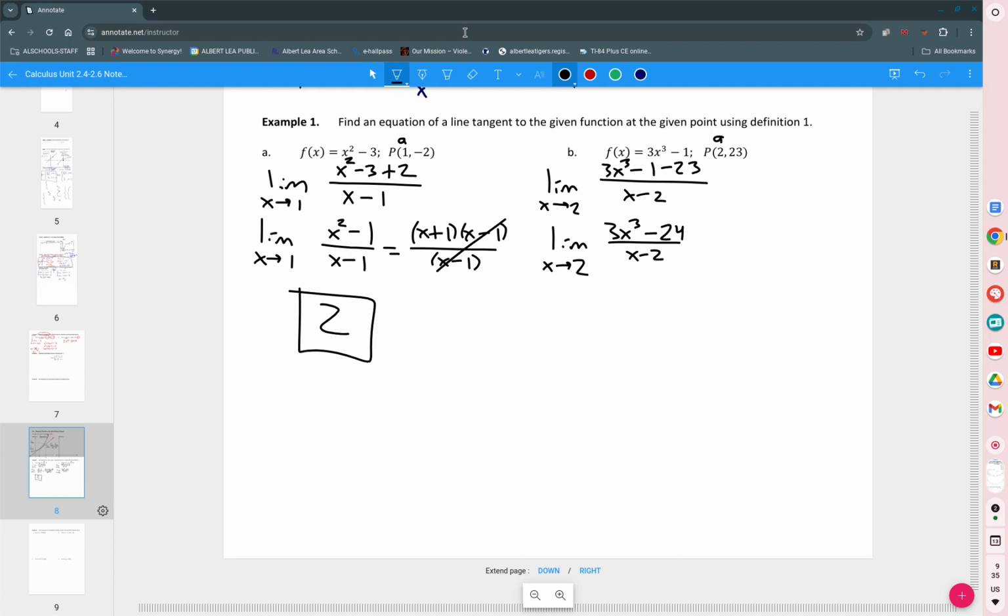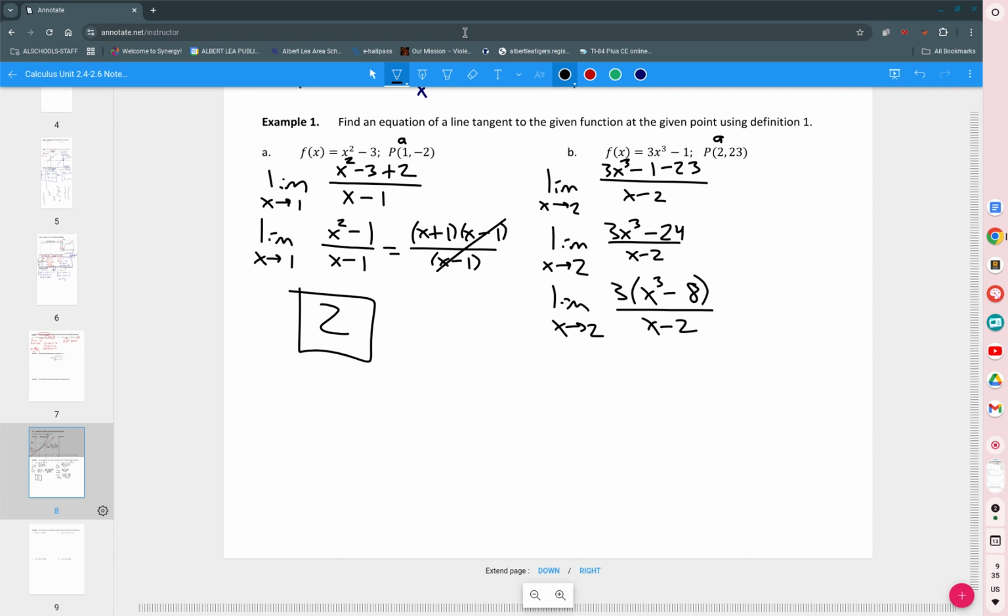What now? Limit as x goes to 2. And to be clear, when Danny just said take out the 3, you could put the 3 in front here, or you could put it entirely in front of the limit. Doesn't matter. However you want. I'm going to put it here. And I get x cubed minus 8 over x minus 2.